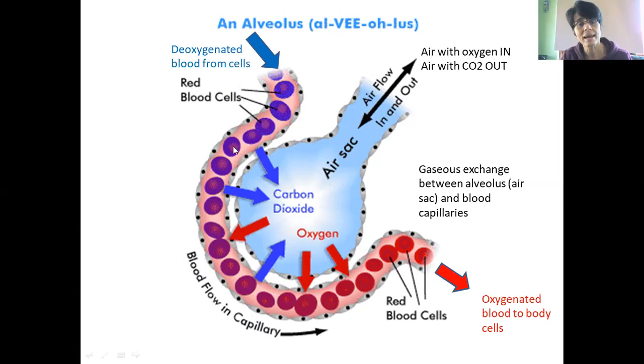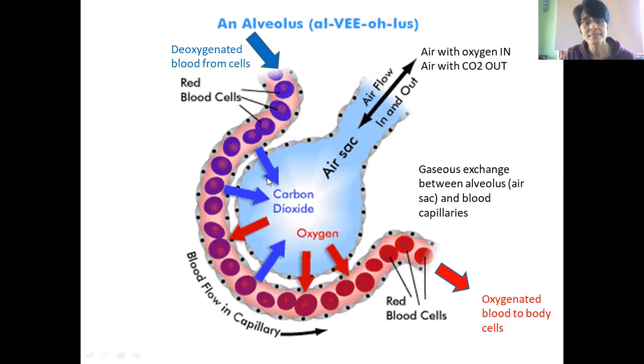Carbon dioxide is high in concentration in those blood vessels. So it will diffuse from a region of high concentration in these capillaries to a region of low concentration in the air sac. And then you exhale, you breathe the air with CO2 out.